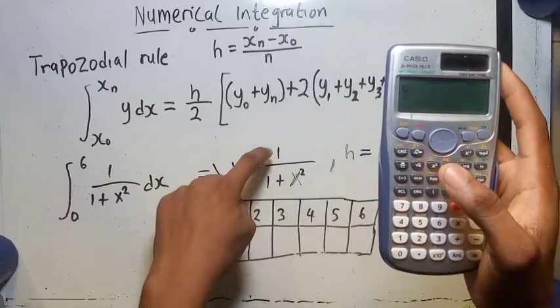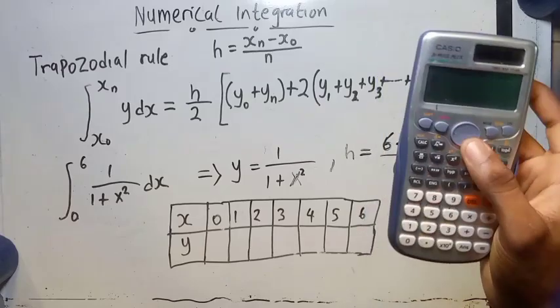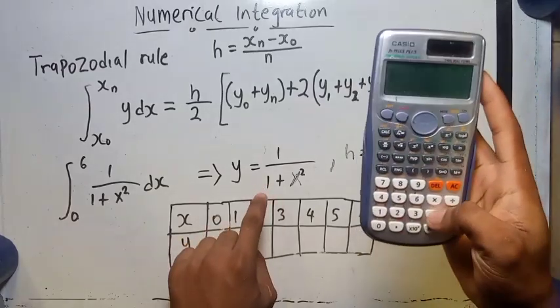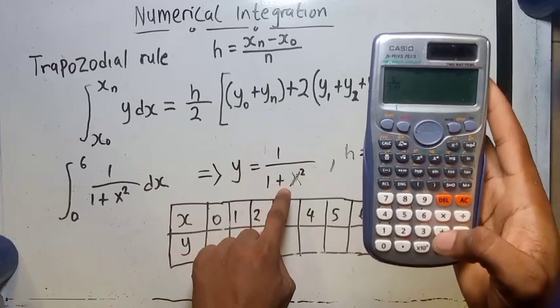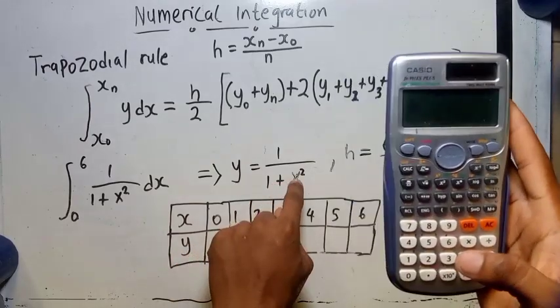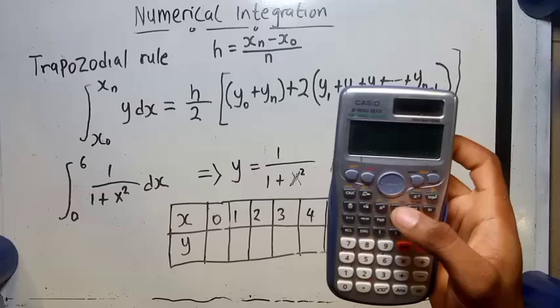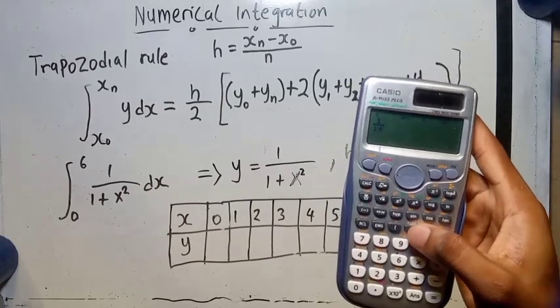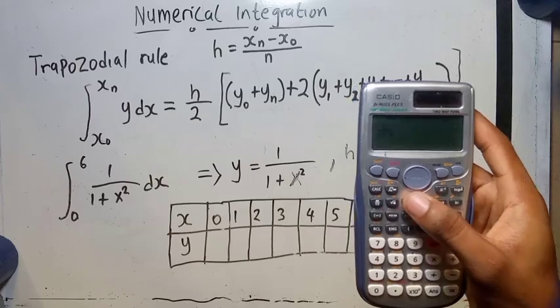Now, you do your division sign, which is this. Then you introduce your 1 over on top, come down, 1 again, plus x square. We're going to go to alpha, click on x, and then square that x.